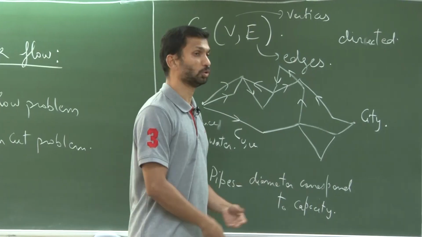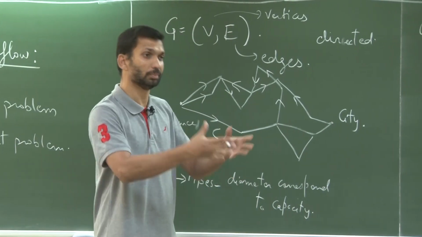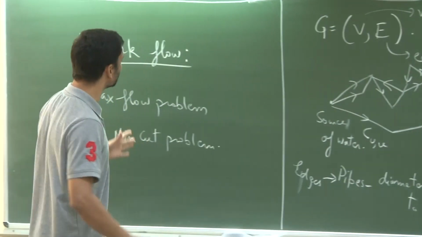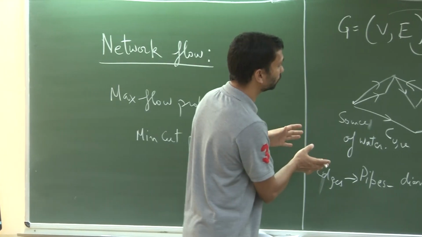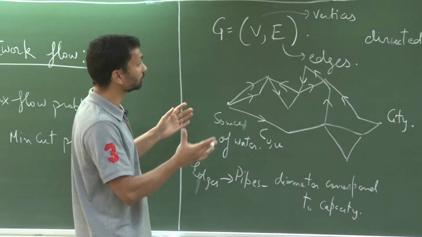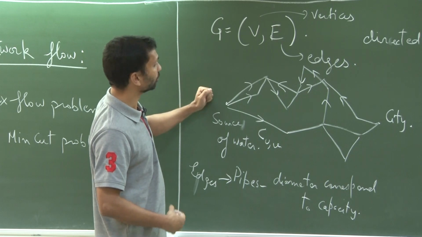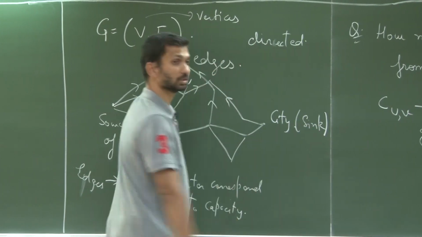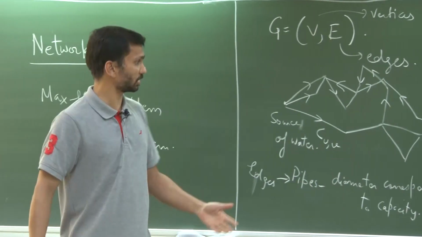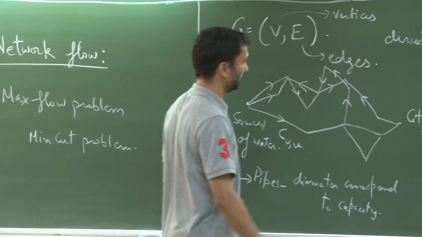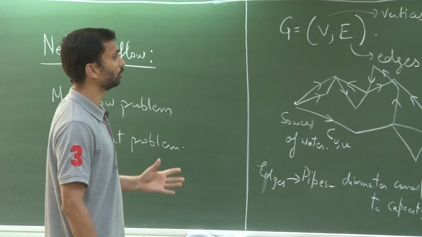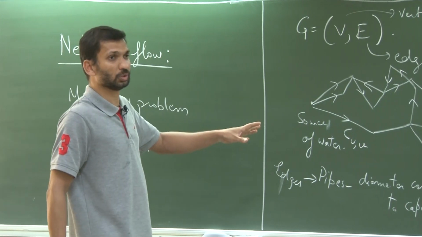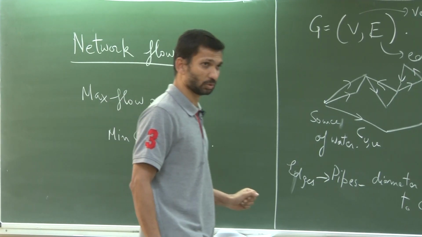This could be water, this could be oil, this could be blood, from the heart to some organ or something. In many situations, we can ask how much flow of some liquid or some material can go from the source to the sink, right? This is the abstract problem which we want to solve. As mentioned before, you have seen it before, but we will see that linear programming gives us a very nice interpretation of the known results and gives us nice algorithms.